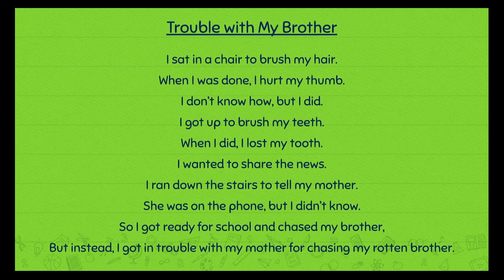I wanted to share the news. I ran down the stairs to tell my mother. She was on the phone, but I didn't know. So I got ready for school and chased my brother. But instead, I got in trouble with my mother for chasing my rotten brother.